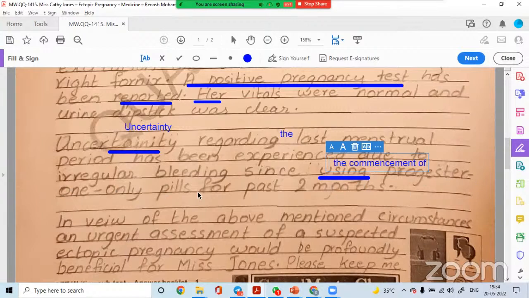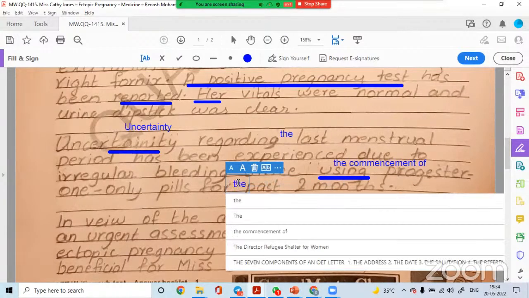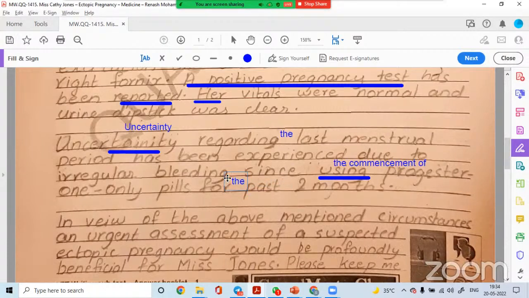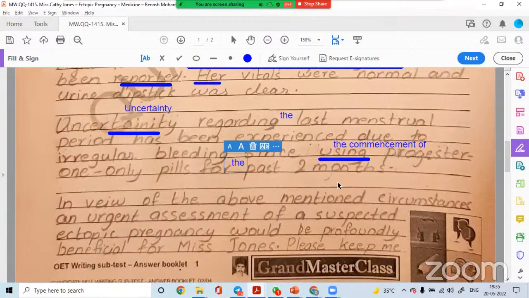Progesterone only pills for the past 2 months. For the past, the last, the previous. You don't have an idea about this, and that's why every time you write the last. Make it a habit: past 2 months or last 2 months.